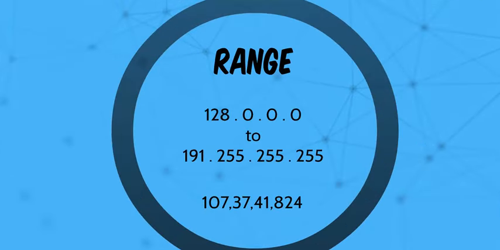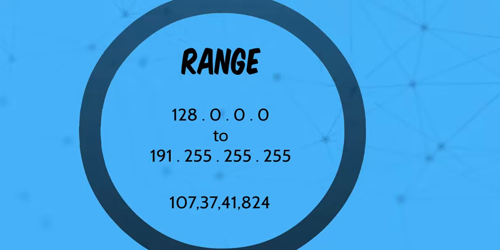Representing them in decimal format, Class B IP addresses range from 128.0.0.0 to 191.255.255.255. As 2 bits are fixed, that is 10, the total number of IP addresses possible with Class B is 2 power 30, irrespective of networks and hosts, which is equal to 107 crores 37 lakhs 41,824 IP addresses.